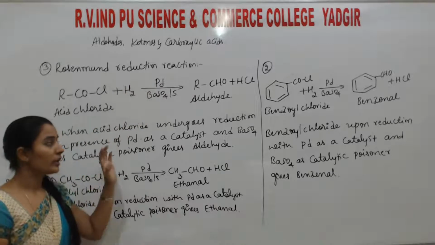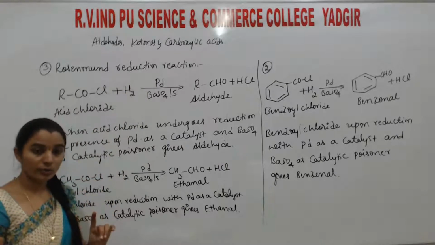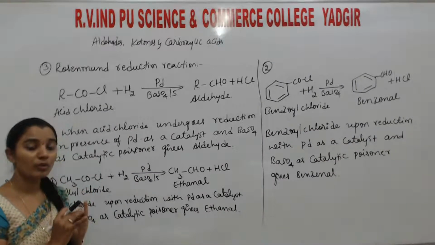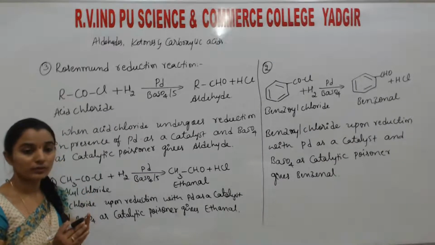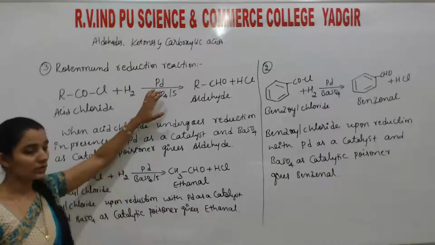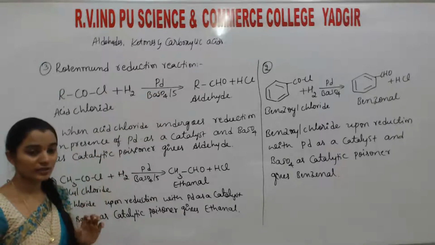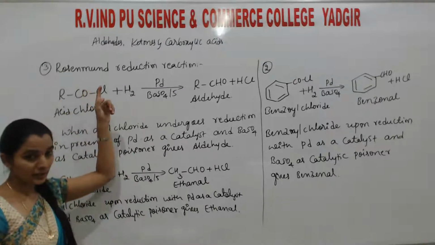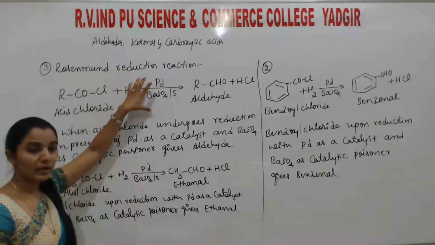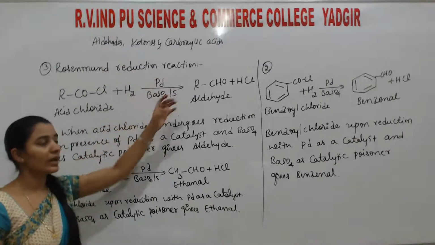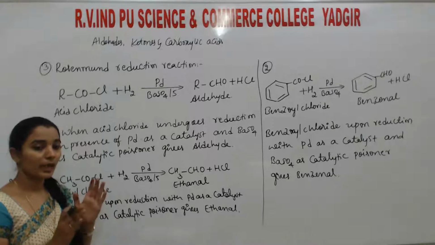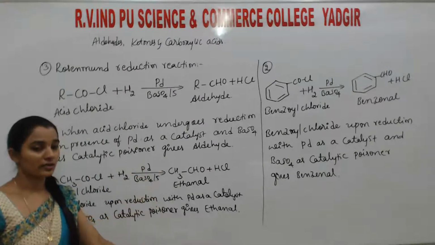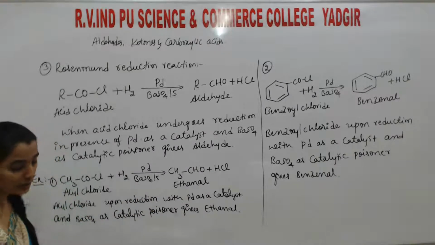Otherwise, I told you in the reduction reaction alone, palladium, platinum, lithium aluminum hydride or sodium borohydride are going to be used. If they are used alone, the reaction rate is different. They form some other products. So this scientist Rosenmund, specifically by using these reagents, explained the preparation of aldehyde. That's why this reaction is called the Rosenmund reduction reaction. Understood? So this is one reaction.